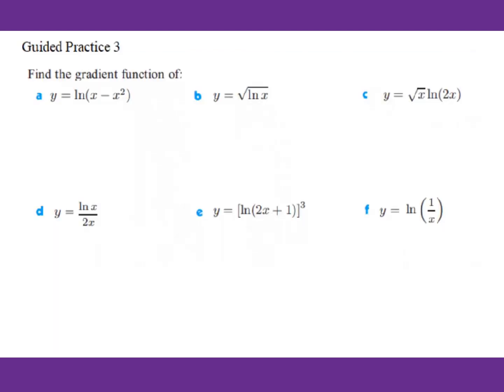Now, let's do some practice. Find the gradient function of the following functions. For a, y equals natural log of (x minus x squared). First of all, you will take the derivative of natural log.